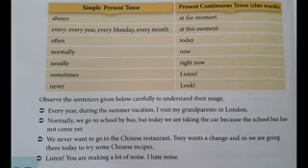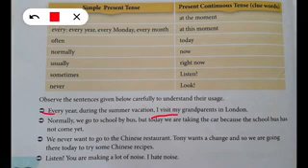Every year during the summer vacation, I visit my grandparents in London. So here you can see I visit and every year. What tense is this? Simple present tense. See the next one.